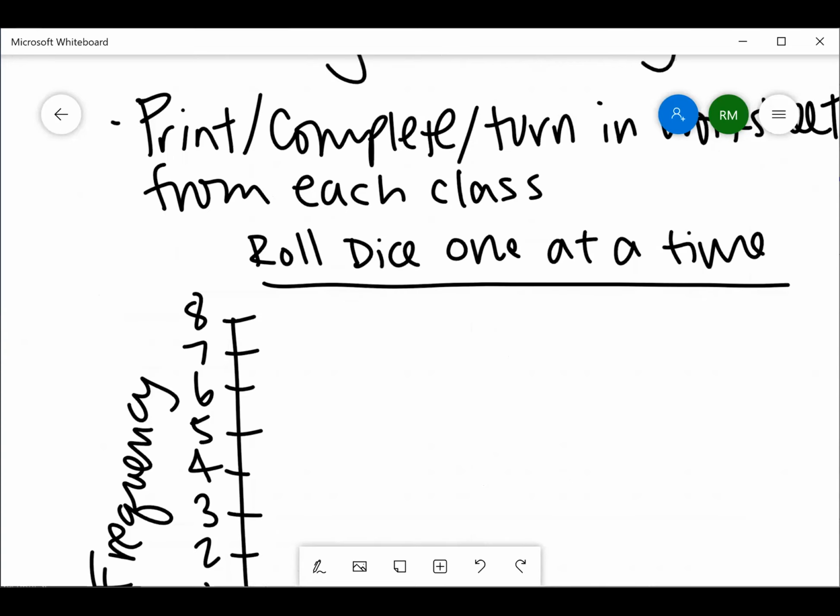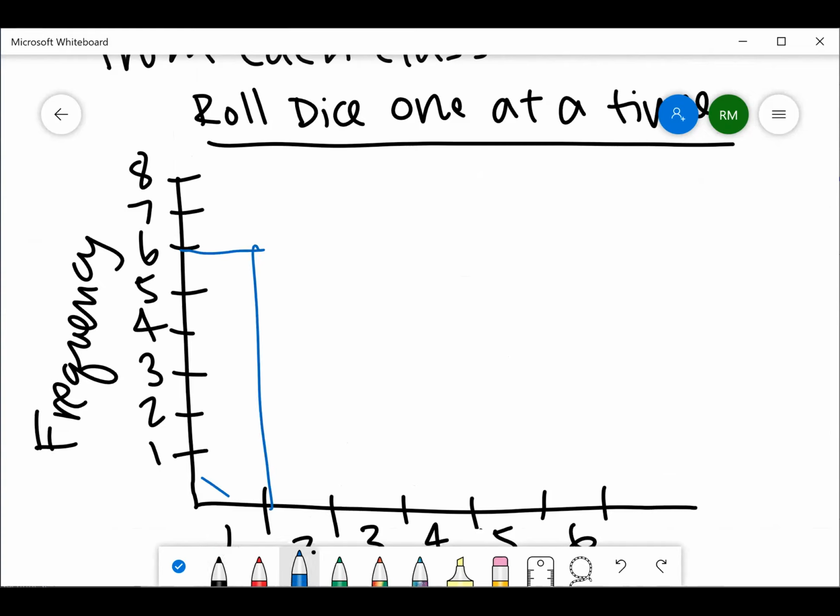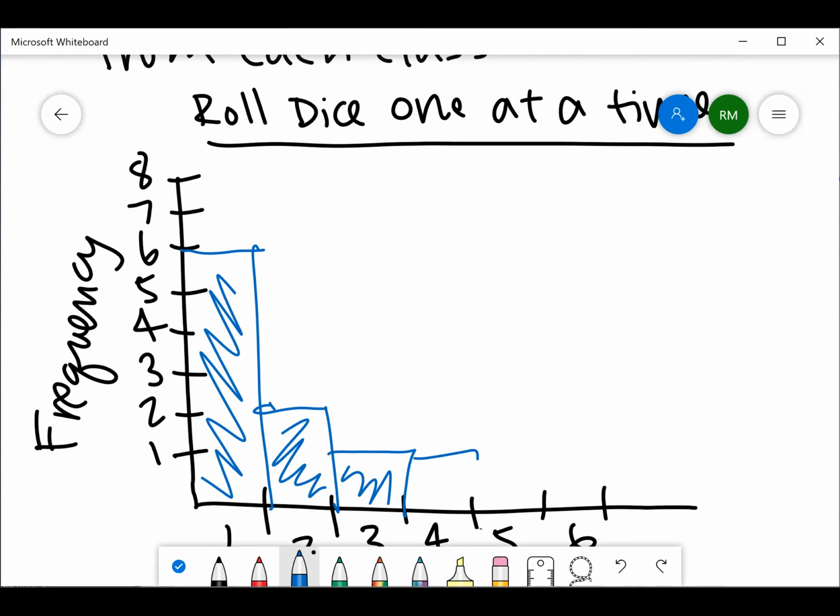We're going to graph this with a histogram, and we know that we had 6 1s. That should be this bar right here. So we graph a bar with height 6. Since our rolls had 6 1s, we had 2 2s, we had 1 3, 1 4, we had 3 5s, and we had 3 6s.